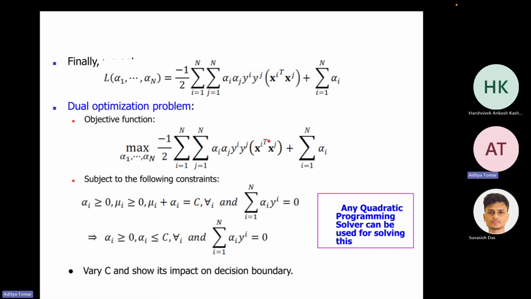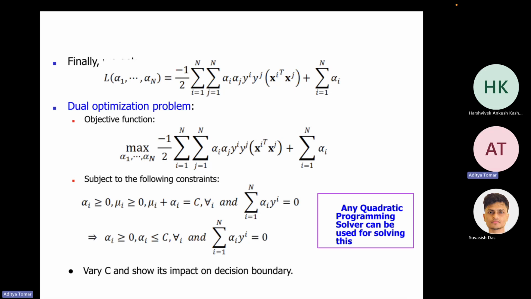You don't need to know anything. So you will get it from one triangle of the kernel matrix. You just replace this xi transpose xj with phi of xi transpose phi of xj, right?